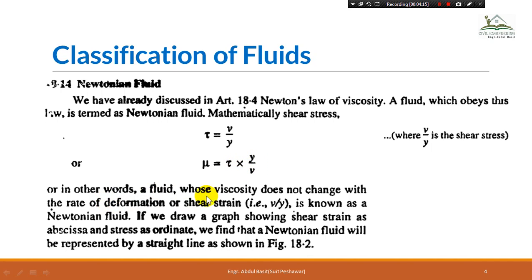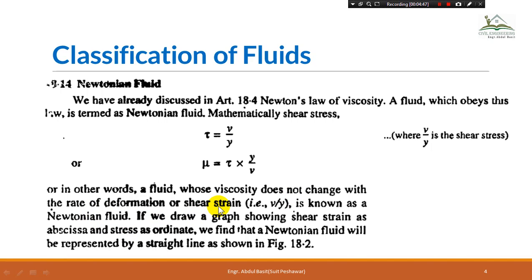In other words, a Newtonian fluid is one whose viscosity does not change with the rate of deformation or shear strain. So one definition for Newtonian fluids is those fluids which obey Newton's law of viscosity, and the other is those fluids whose viscosity does not change with the rate of deformation or strain.